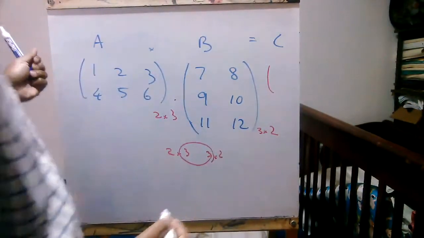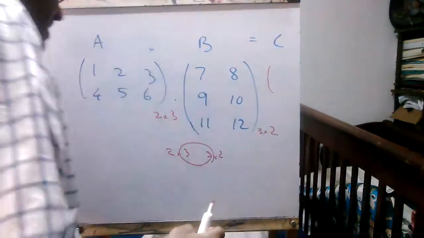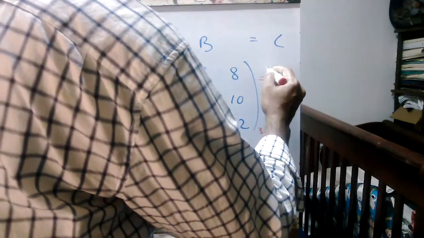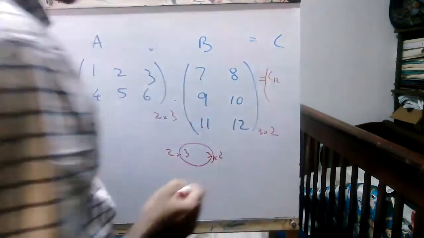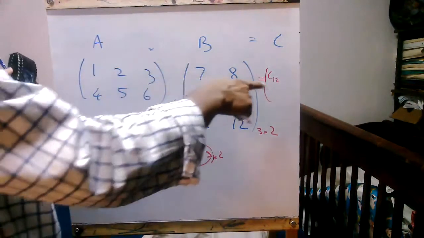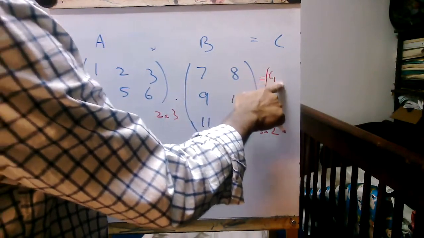Let's say its elements are, see, this multiplication should give us C1, 2. Remember the way we number these elements? Row number first, column number second.